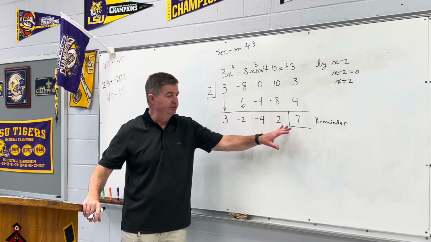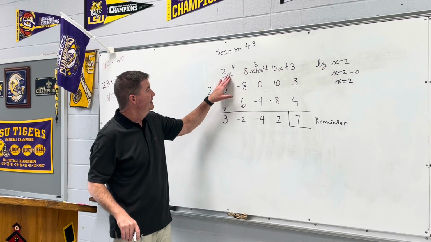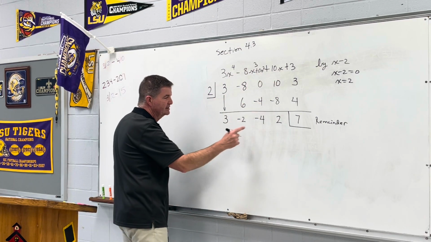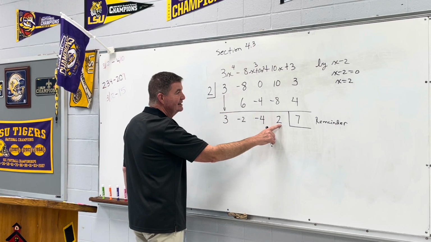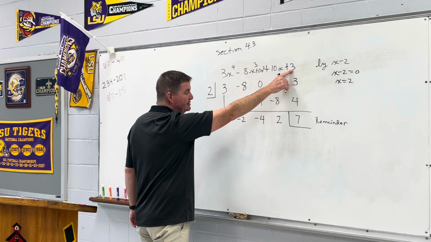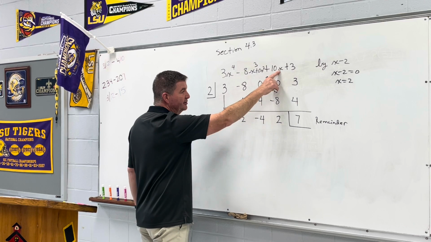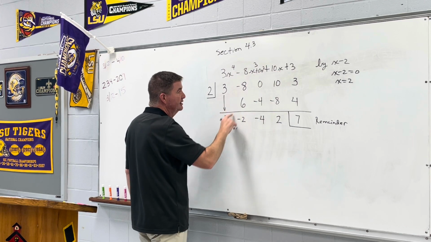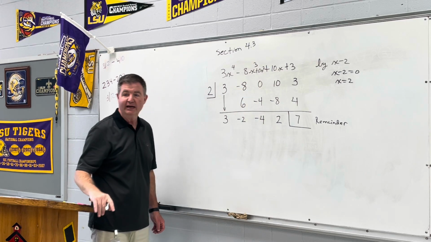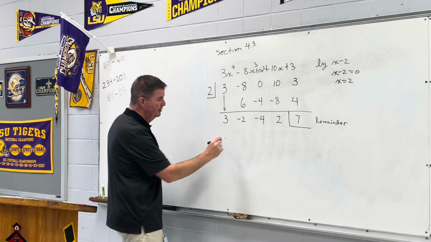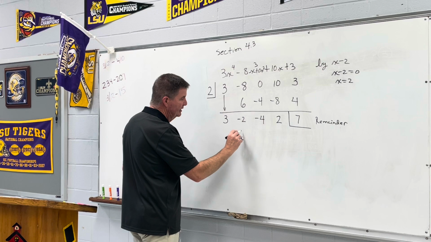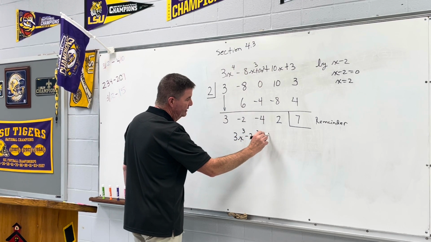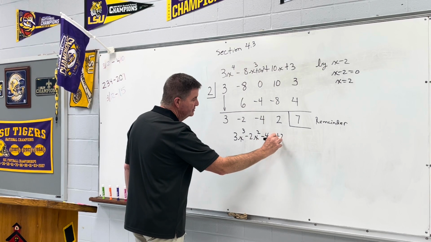When trying to rewrite this in terms of the x's that we have, this would be x to the 0, just like that's x to the 0. This would be x to the first, because the second one is x to the first. This would be x squared, and this would be x to the third when putting our x's back in. So it's going to be written as 3x to the third minus 2x squared minus 4x plus 2.